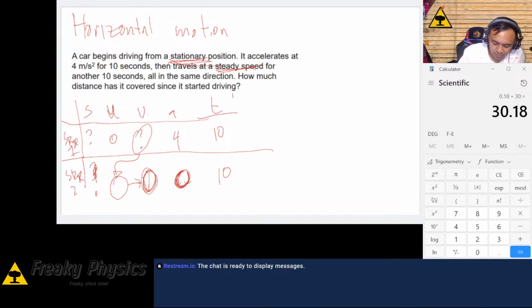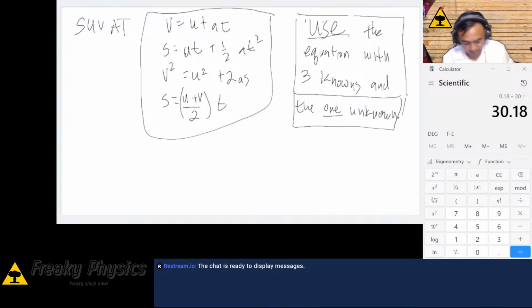So the difference now between SUVAT and the forces earlier is that the equations here are not straightforward. You don't just copy and be done. You really have to look at the formulas and see which ones have what you need. But this still helps, because let's take a look at the equations again. Take a screenshot here for our reference.